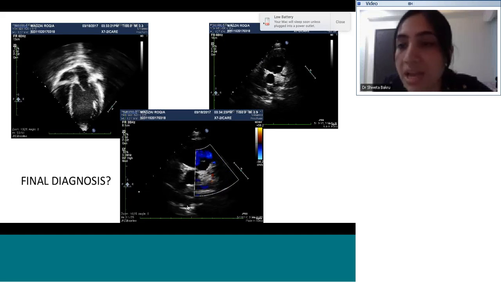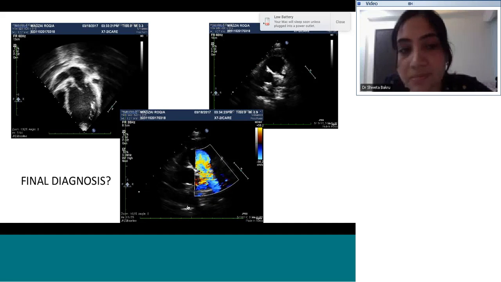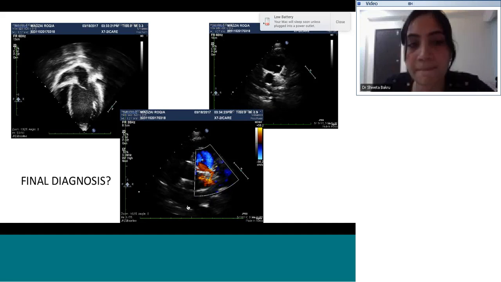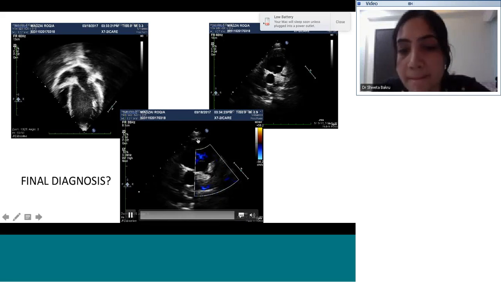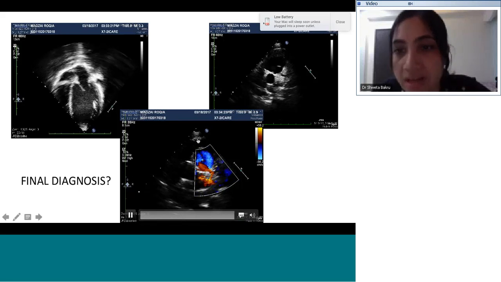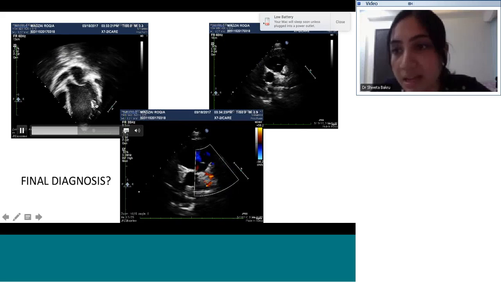So what is the most characteristic finding you are seeing in the 4-chamber view? Yeah, echogenic ischemic papillary muscle is the characteristic feature of, again, ALCAPA.